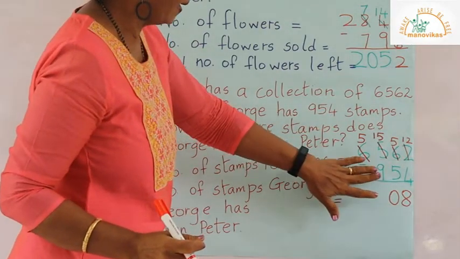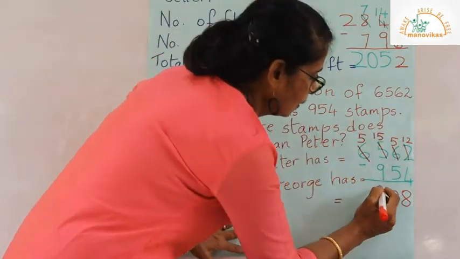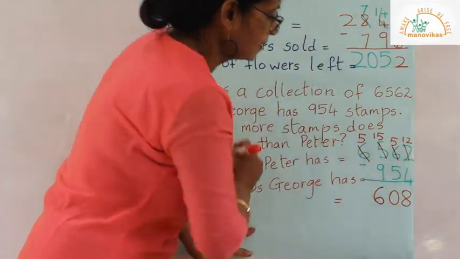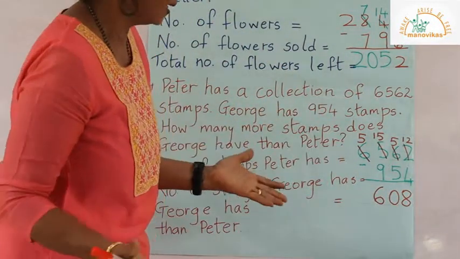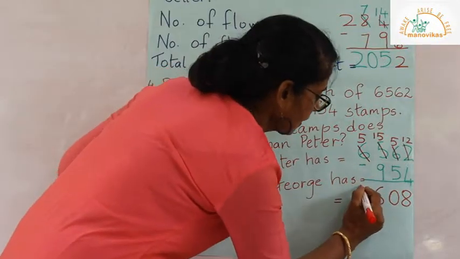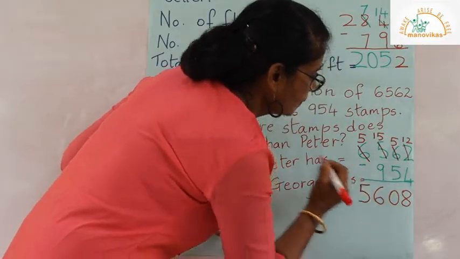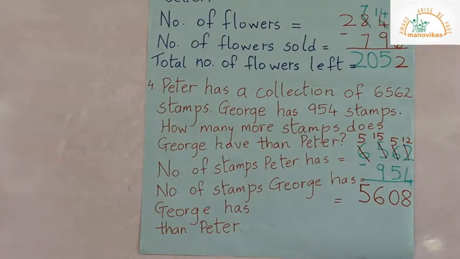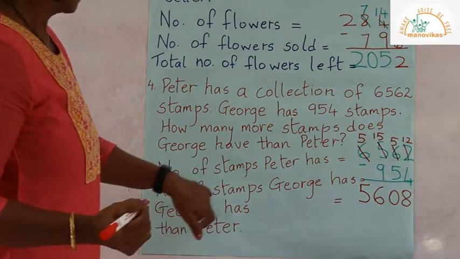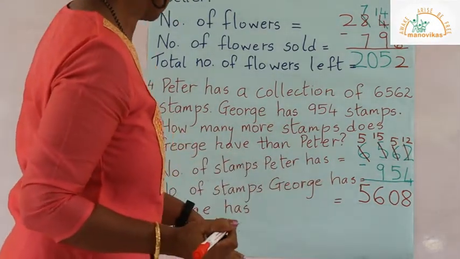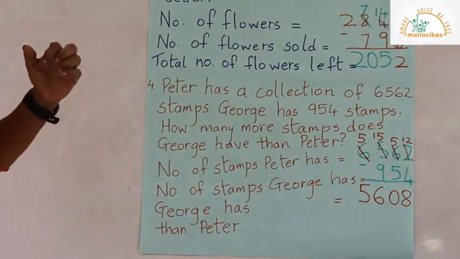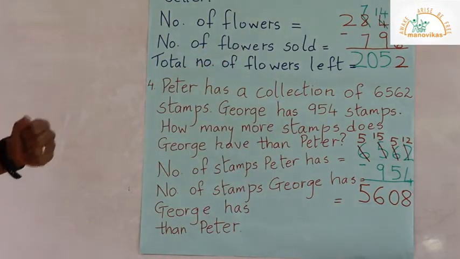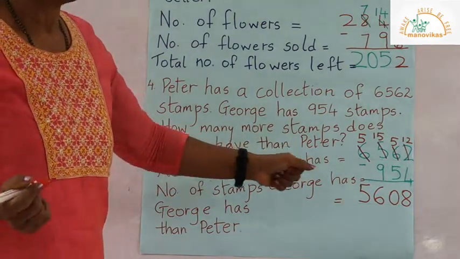When we take away 9 from 15, we get 6. We bring the 5 down because we have no number to minus. And now we know that George has 5,608 stamps more than Peter.